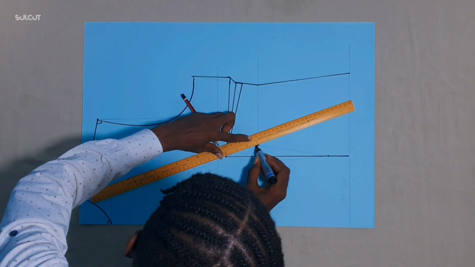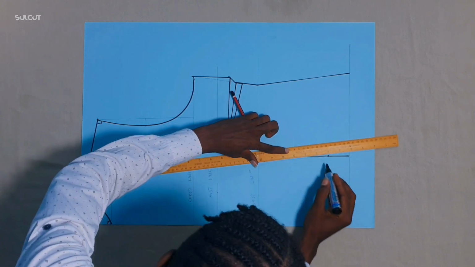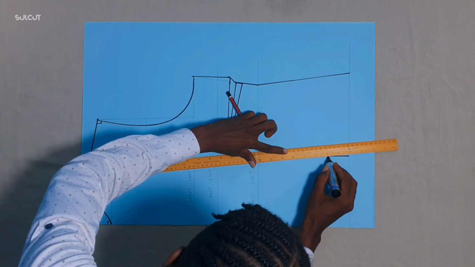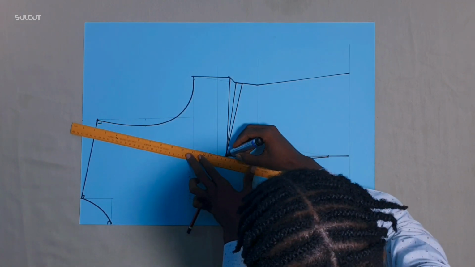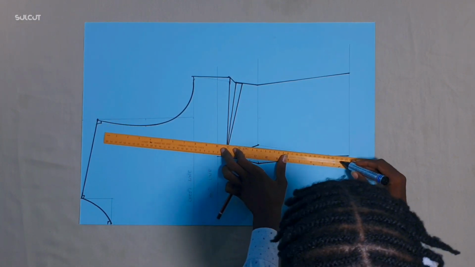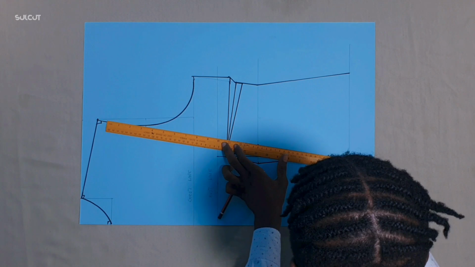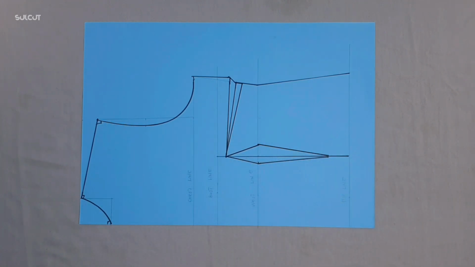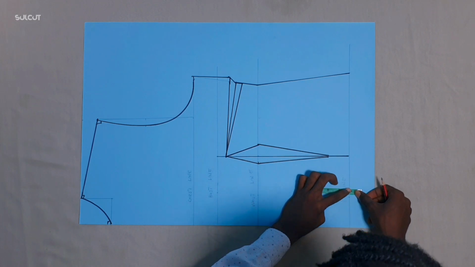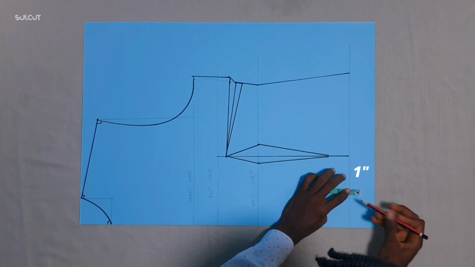Back to our mid dart, connect the points like this. And then on the hip line, we add an inch for hem allowance.